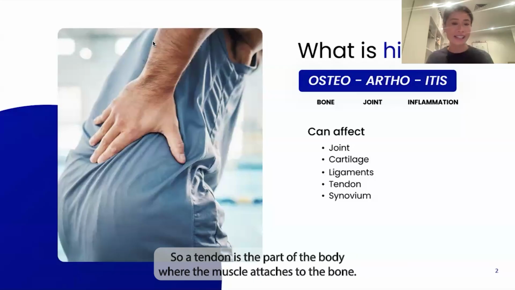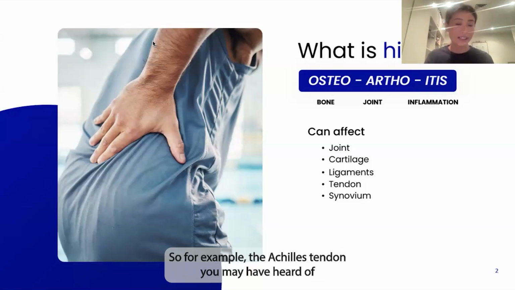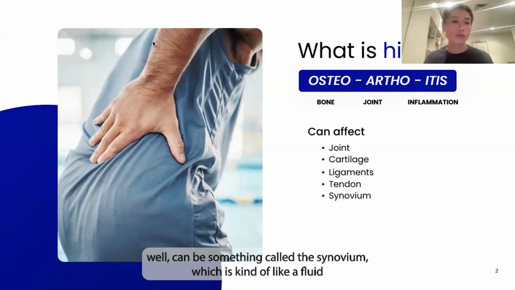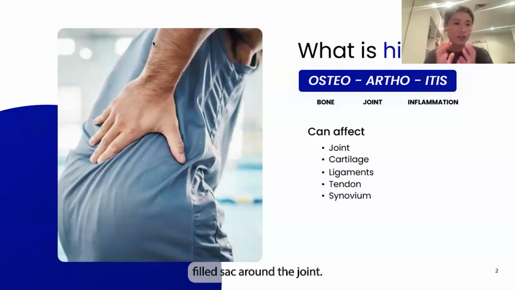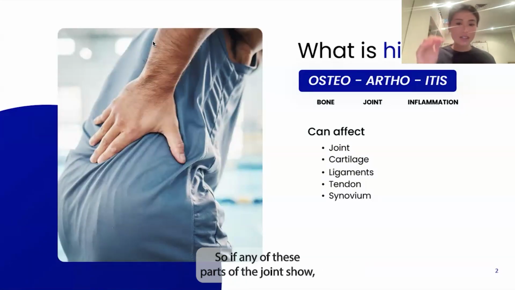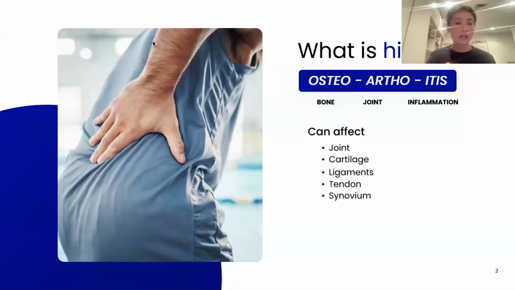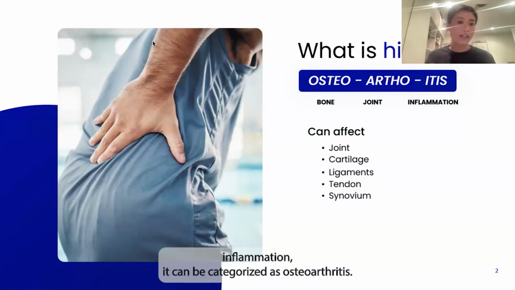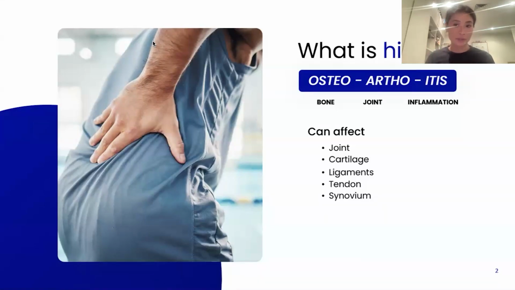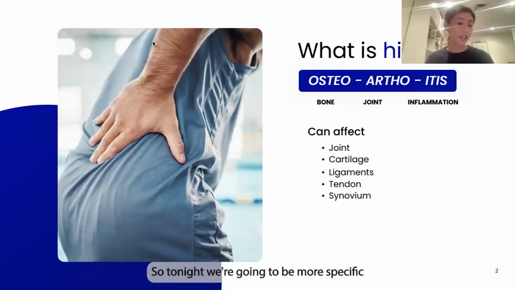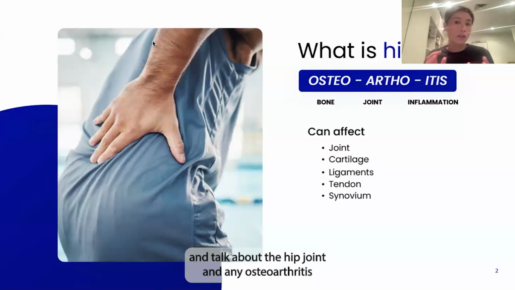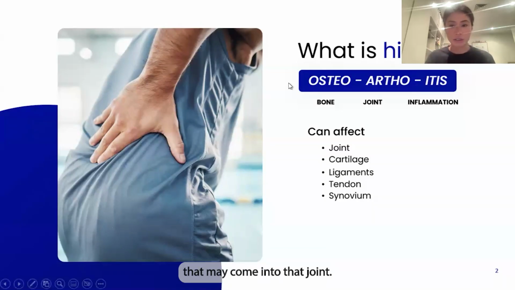A tendon is the part of the body where the muscle attaches to the bone, for example, the Achilles tendon you may have heard of. Or it can be something called the synovium, which is kind of like a fluid-filled sac around the joint. If any of these parts of the joint show changes or inflammation, it can be categorized as osteoarthritis. So tonight we're going to be more specific and talk about the hip joint and osteoarthritis that may come into that joint.